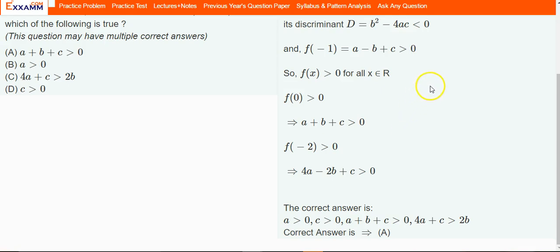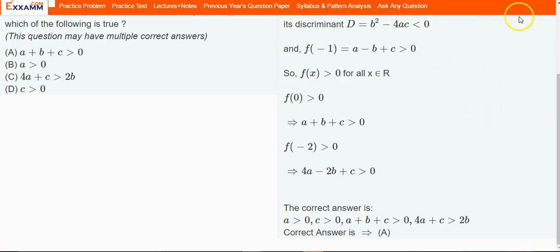So this would be a function such that if for one value we are able to say that ax square plus bx plus c is greater than 0, then for all real values, f of that value would be greater than 0, because it is not cutting or touching the x-axis anywhere, so it is lying all above.